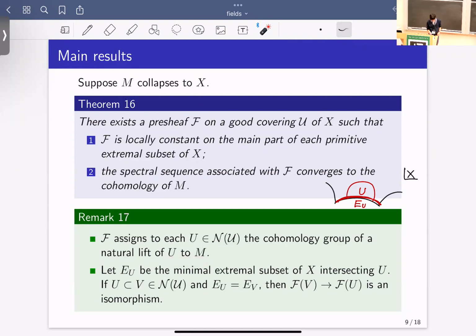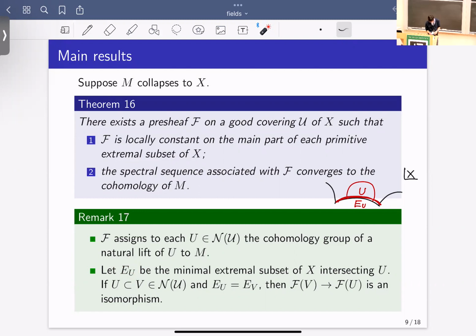What condition 1 means is this. Let EU denote the minimal extremal subset intersecting U, which always exists. Then condition 1 means that F of U is uniquely determined by this extremal subset EU up to isomorphism.